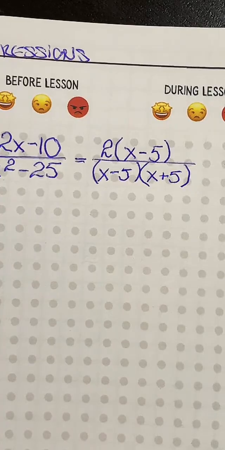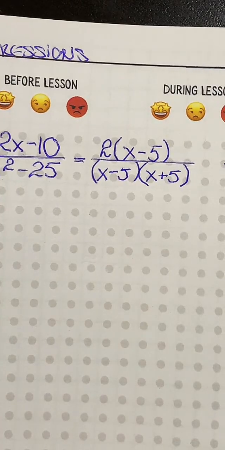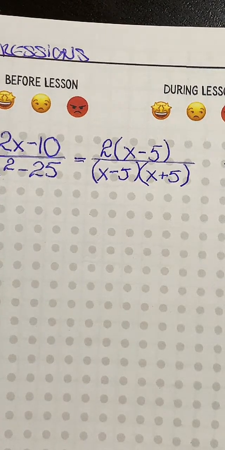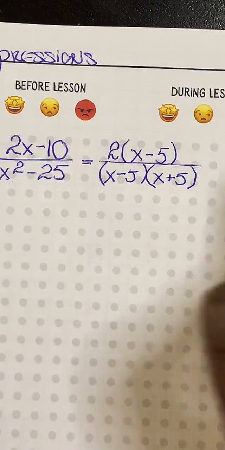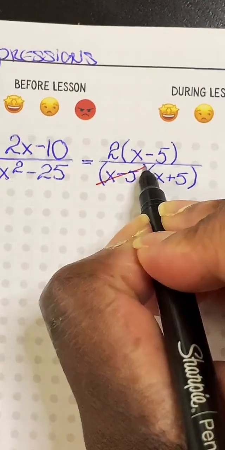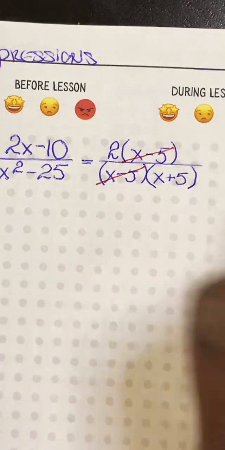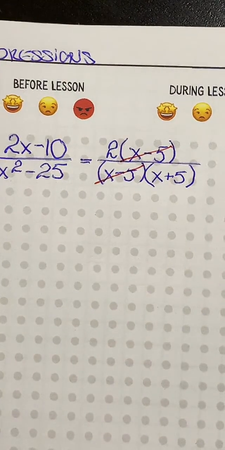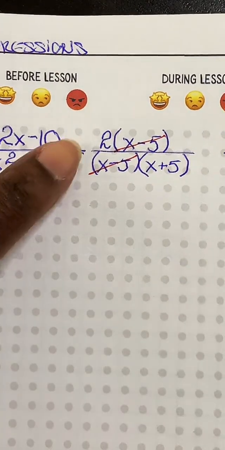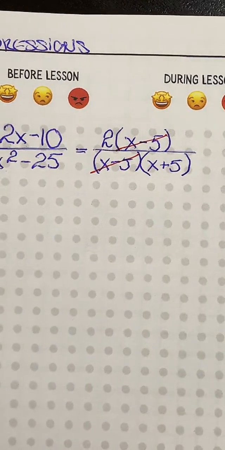So we have both items, okay? Both of them are completely factored now. So now what we notice is right here, we have x minus 5 and x minus 5. Since there's one in the numerator and one in the denominator, they both cancel out. Now we don't have anything else that needs to be simplified.